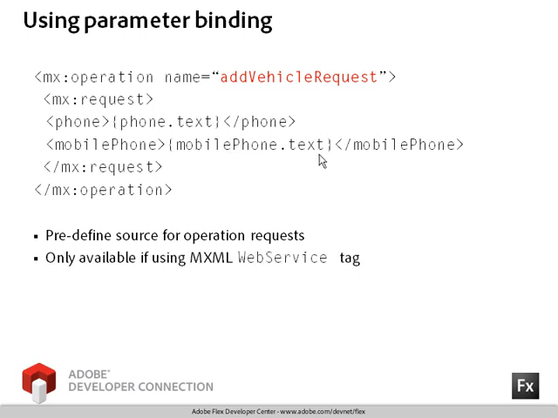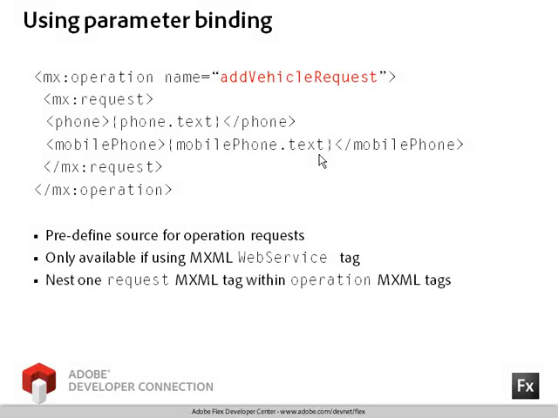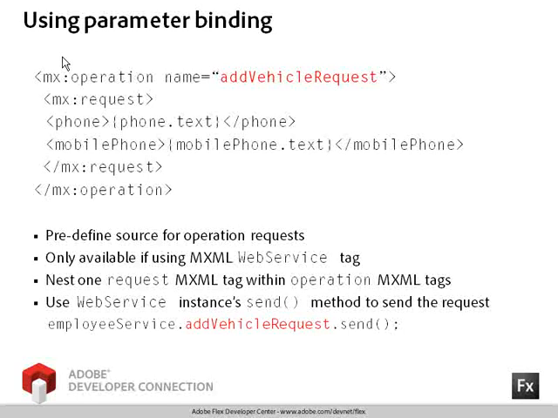This technique is only available if you use web service MXML tags. You nest a request MXML tag within the operation MXML tags of the web service tag block. To call an operation and pass the defined values, use the web service class's send method.